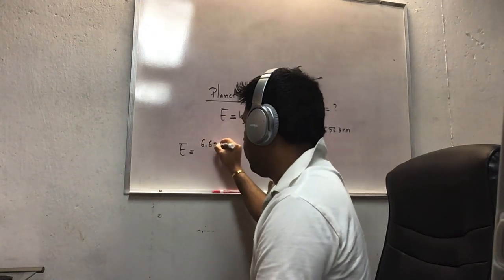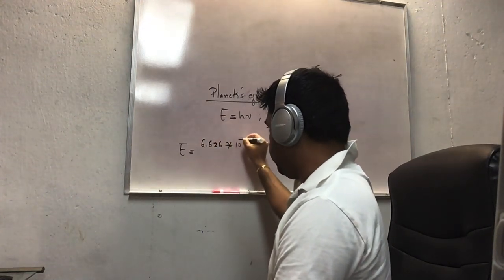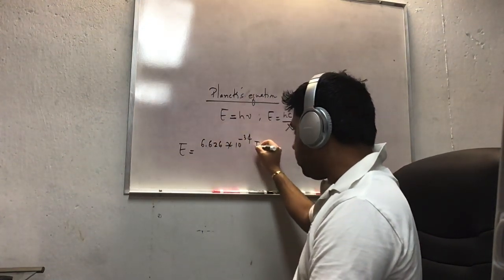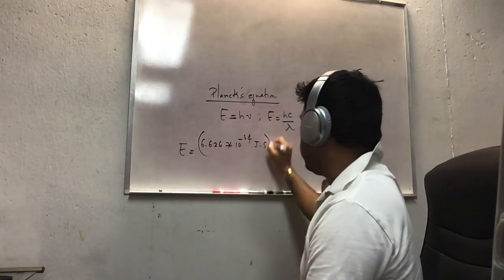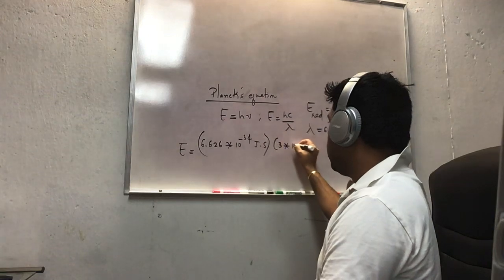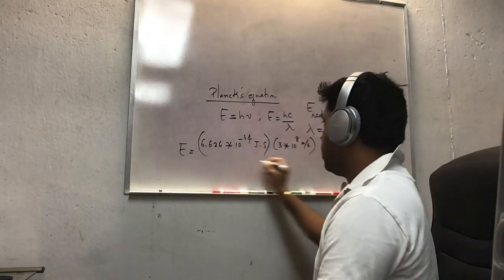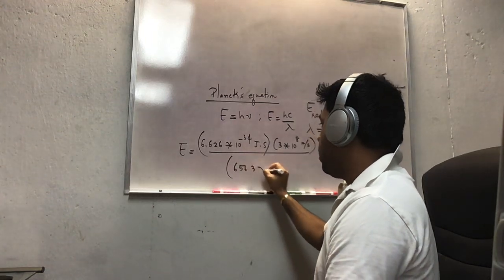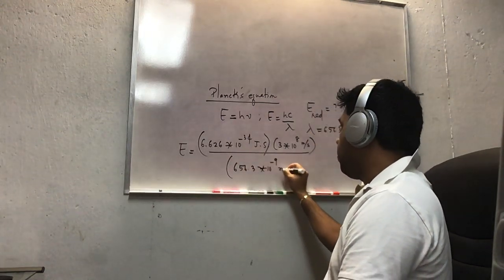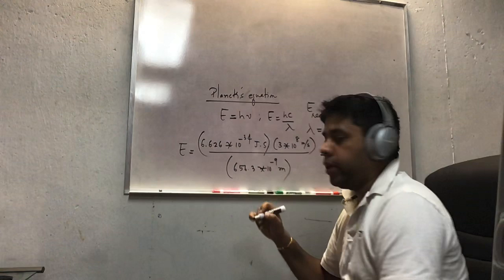So this is the Planck's constant. Speed of light, of course, we know is 3 times 10 raised to 8 meters per second. And wavelength is 656.3 times 10 raised to negative 9 meters. Tell me, what do you guys get?